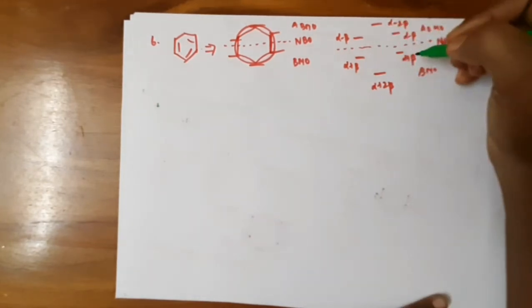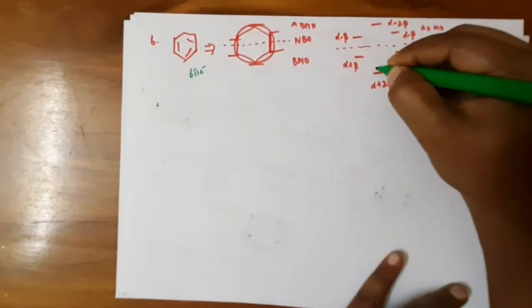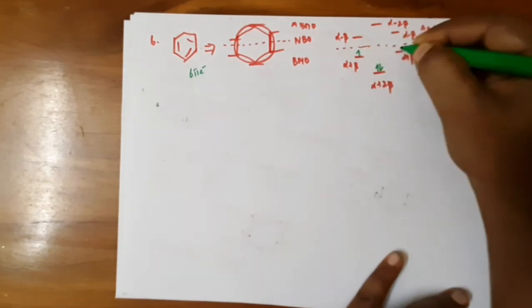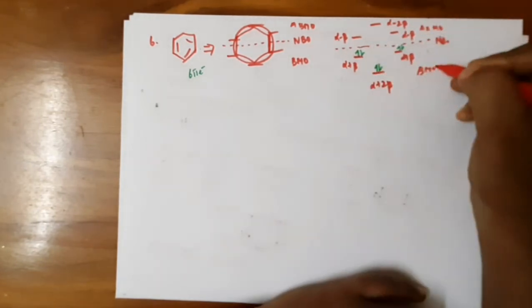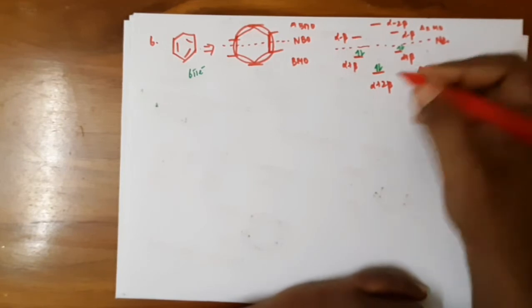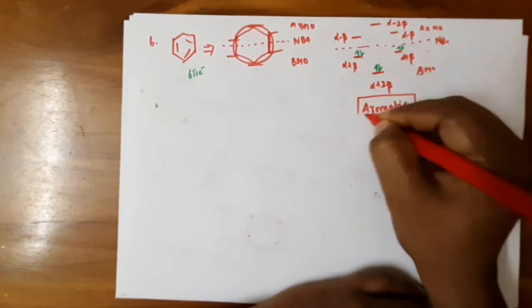So totally it has 6 energy levels and 6 pi electrons. Fill the 6 pi electrons: 1, 2, 3, 4, 5, 6. So the 6 pi electrons are in the bonding molecular orbitals. Hence this compound is highly aromatic and highly diamagnetic.